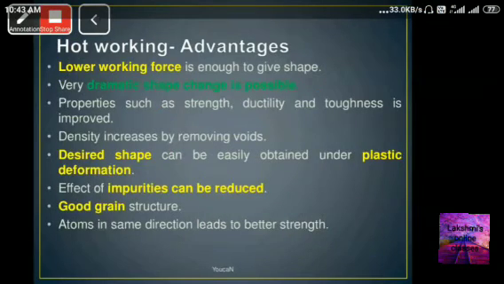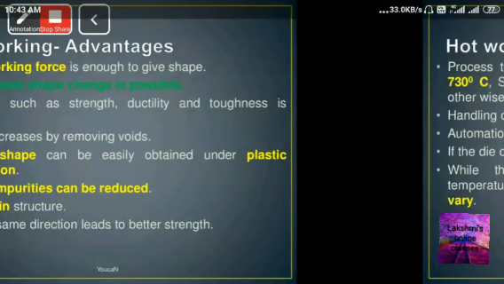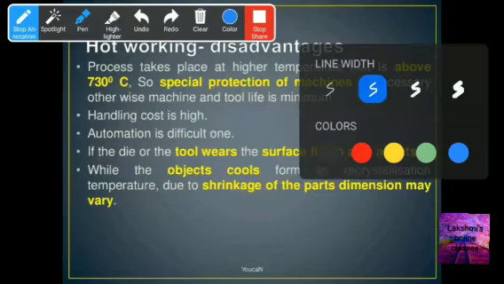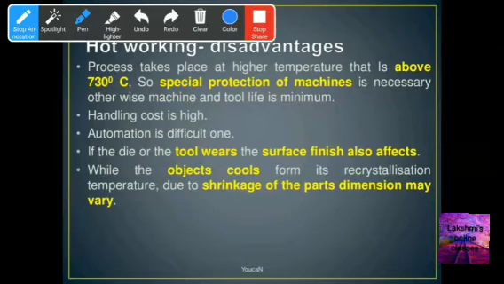So coming to the disadvantages. The process takes place at a higher temperature, above 730 degrees. So special protection of machines is necessary, otherwise machine and tool life is minimum.